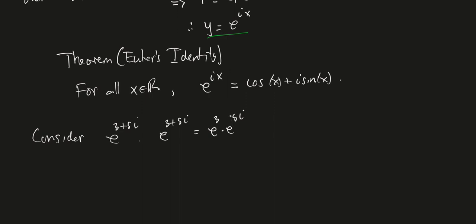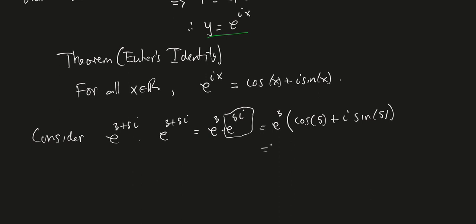And in this case now, just identifying the 5 as my x, I can write this part of it as a cosine of a number plus i times the sine of that number. In this case, it would be 5. So this is e to the third power, and then in parentheses, I would have the cosine of 5 plus i times the sine of 5.